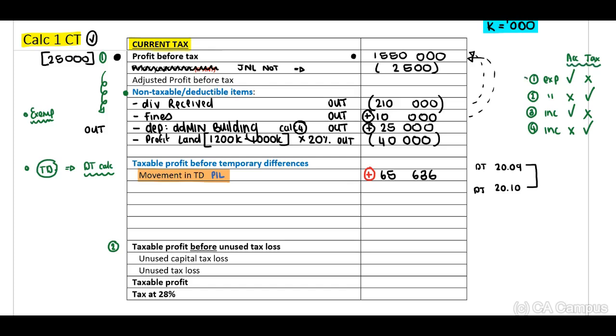Now, these expenses can either only have an effect on our profit or loss, such as depreciation, admin building, or this will have an effect on our profit or loss and our statement of financial position. Now, when you look at your deferred tax, remember, for each separate item, we had to either deduct our depreciation or our tax allowance.